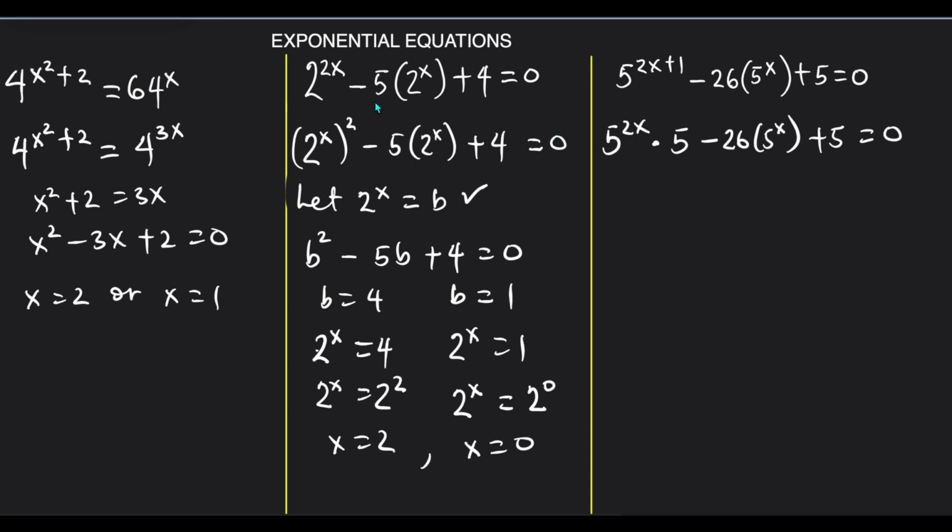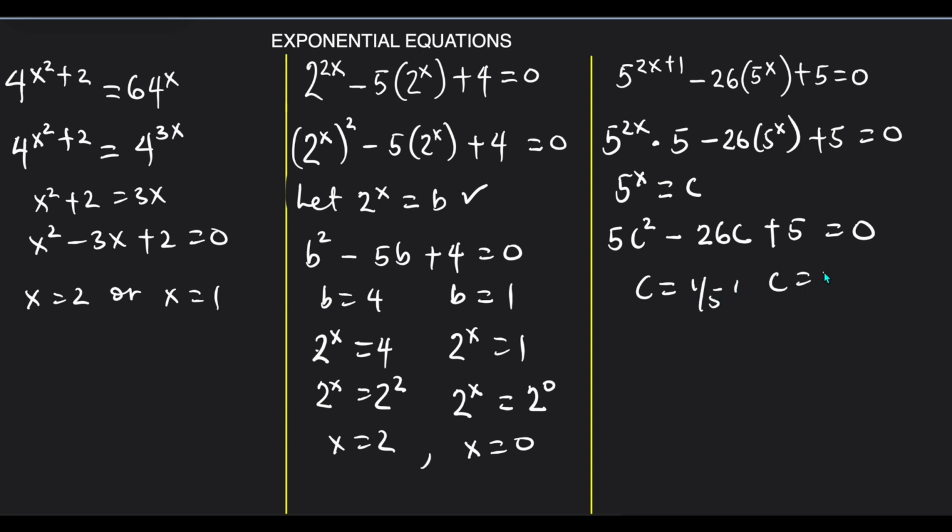Again, we know from the second question that 2 to the power of 2x eventually simplifies, by substitution, to b squared. So here we can say that 5 to the power of x equals c. So this becomes c squared multiplied by 5. You have 5c squared minus 26c plus 5 equals 0. On solving this, you have c equals 1 over 5 and c equals 5.